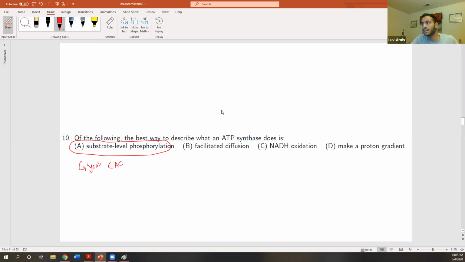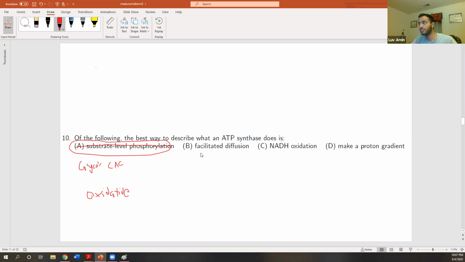We don't see it in the ETC or chemiosmosis, because chemiosmosis uses a process called oxidative phosphorylation. So that's two different things, all right? So A is not right. ATP synthase takes part in oxidative phosphorylation.